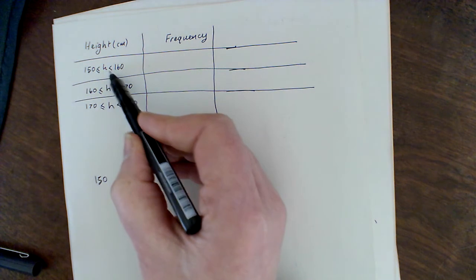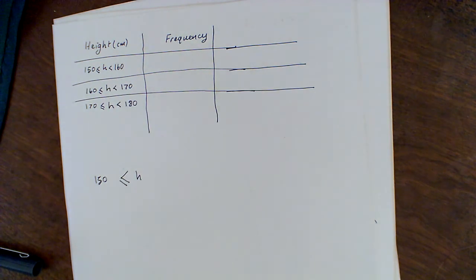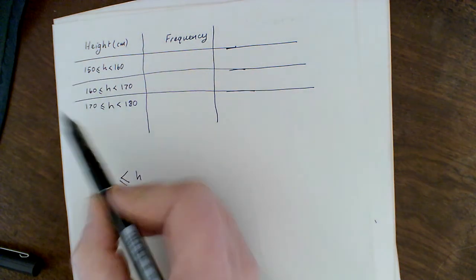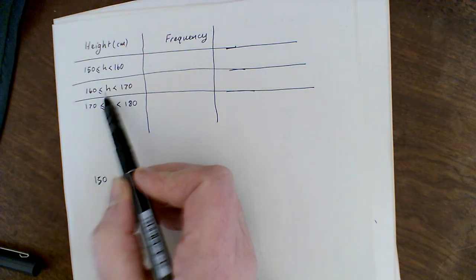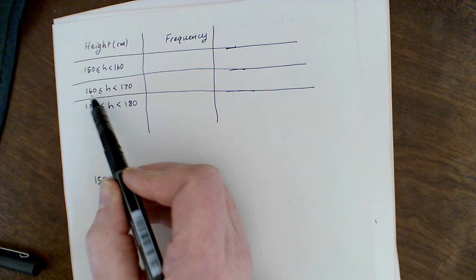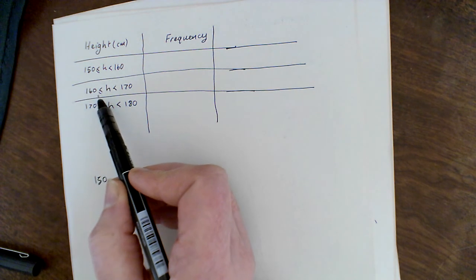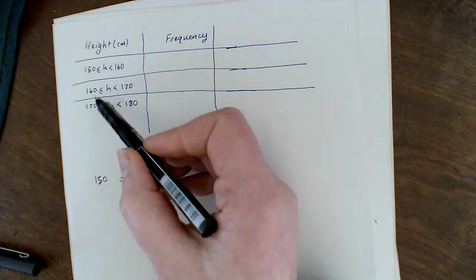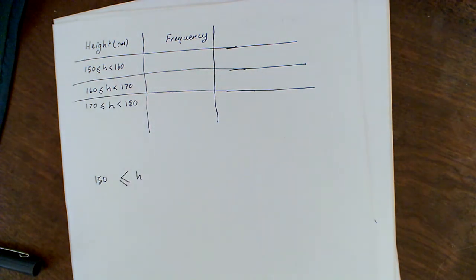There's no little equal part on that. So anyone who's actually 160 centimetres tall exactly has to go into the next row, because there the height is greater than or equal to 160. So a 160 centimetre tall person will go in that row.